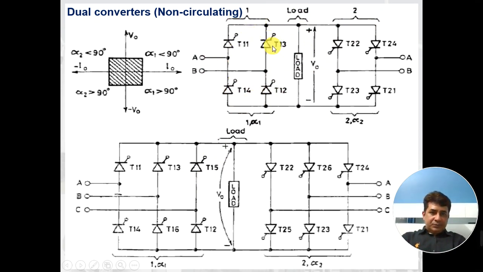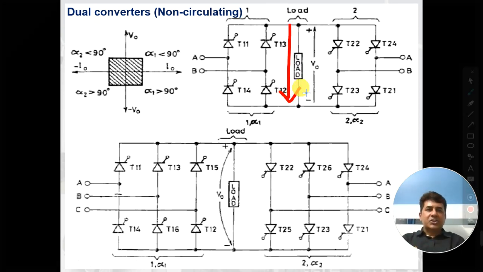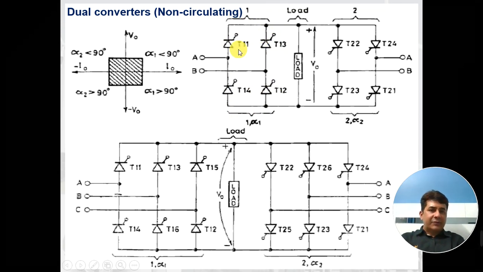In this dual converter, let us say I need a voltage of V naught at the output with this terminal as positive and this terminal as negative, and let us say I need the current in this direction. Then what we can do is take out the converter at the right side and bring in the converter at the left side. We will operate the converter at the left side. We will not operate this converter.